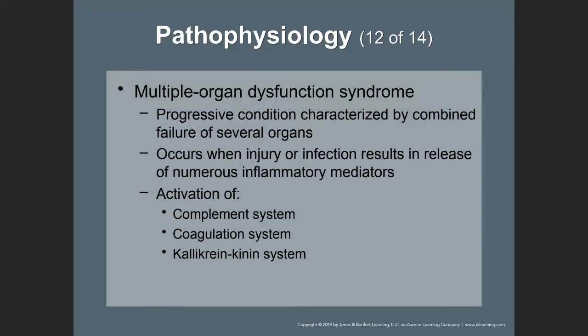Actually, let me reverse that. The kallikrein-kinin system is a system that is responsible for inflammation. It's going to cause inflammation. It's going to cause coagulation. It's going to cause pain. And it is going to play a role in cell proliferation, vasodilation, and it will affect the blood pressure.